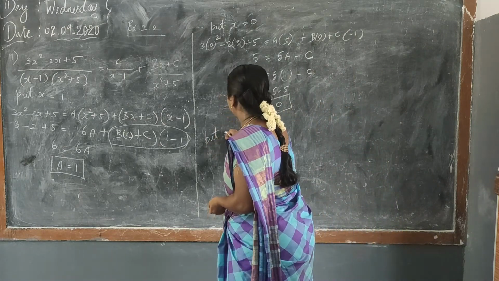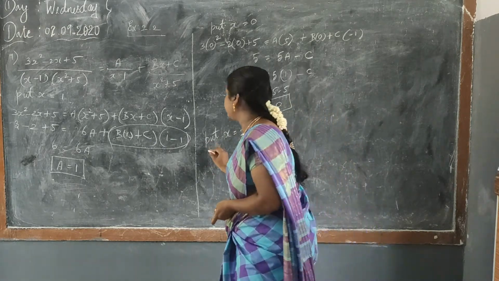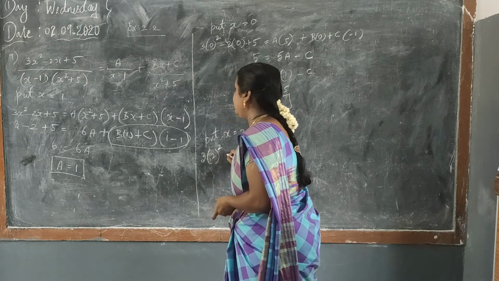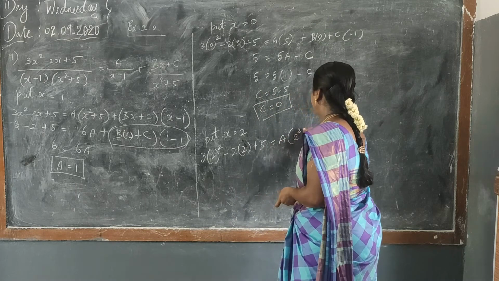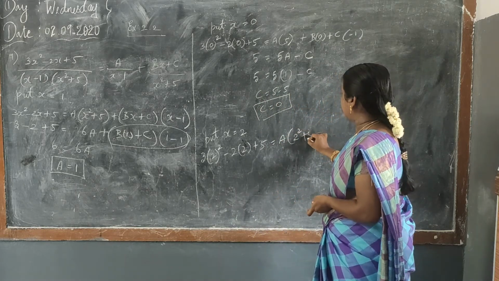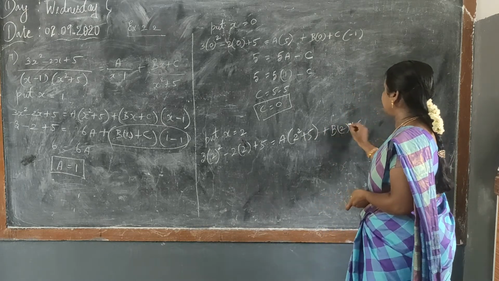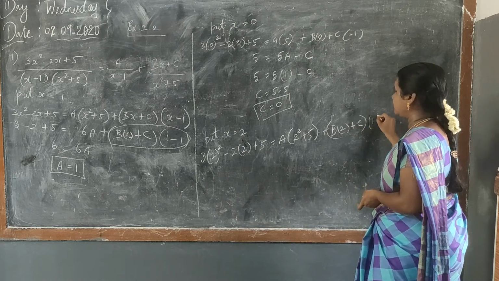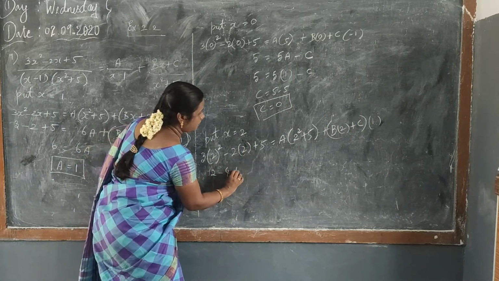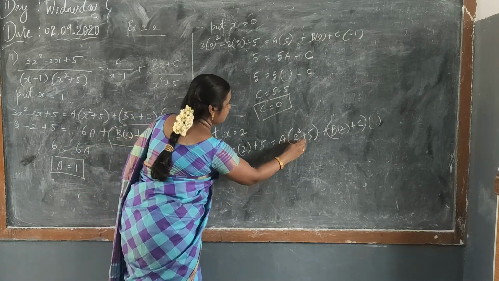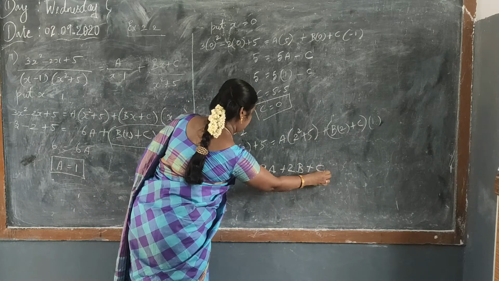Alright, put x is equal to 2. We can put 2, 3, any numbers you can write. So in the place of x, write 2: 12 minus 4 plus 5, that is, 2 twos are 4, plus 5 is 9a plus 2b plus c, since 2 minus 1 is 1.